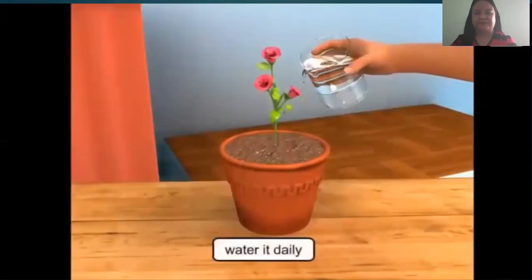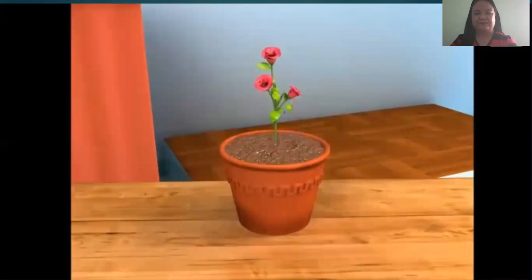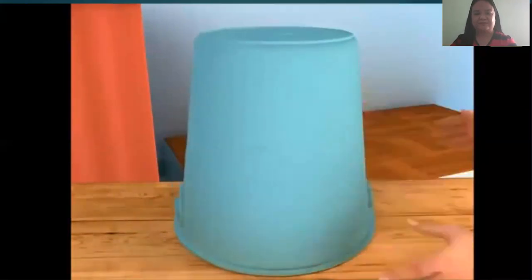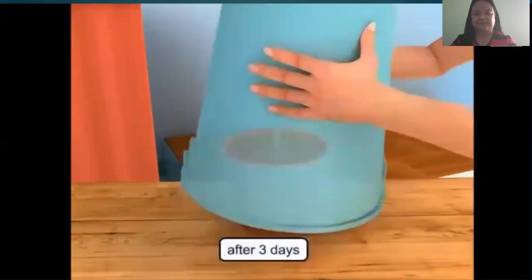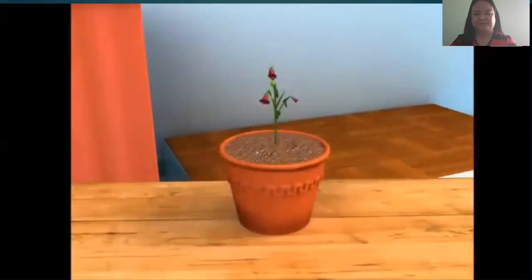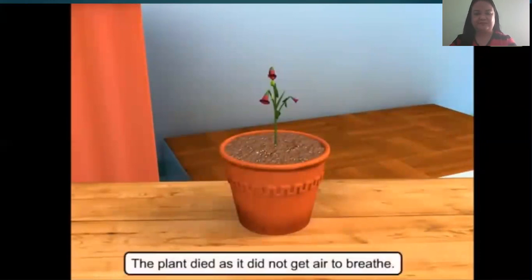Do not forget to water it daily, but cover it soon afterwards. Remove the bucket after 3 days. What do you observe? The plant which was inside the bucket is dead, as it did not get air to breathe.